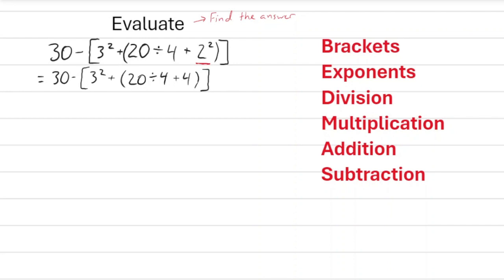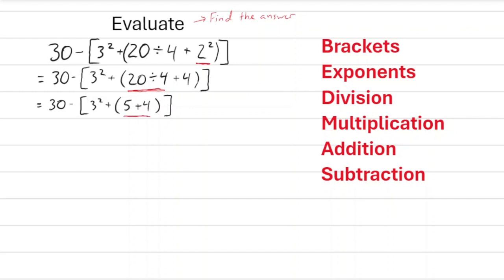So from here, I look at any work that can be done in those brackets. So I see division could come before addition. So we'll say 20 divided by 4. And we'll quickly throw that in there. So we have 3 squared plus 20 divided by 4. That's 5 plus 4. There we go. And again, there's still work to do in the bracket.